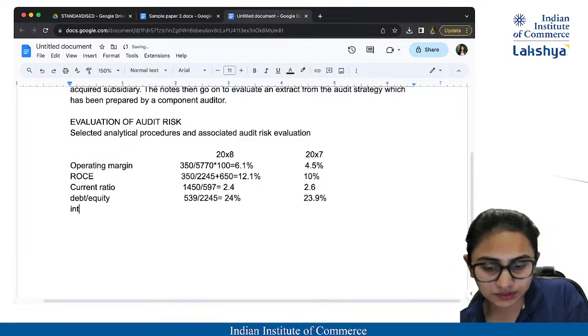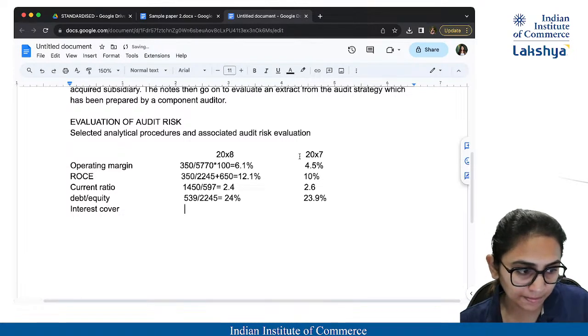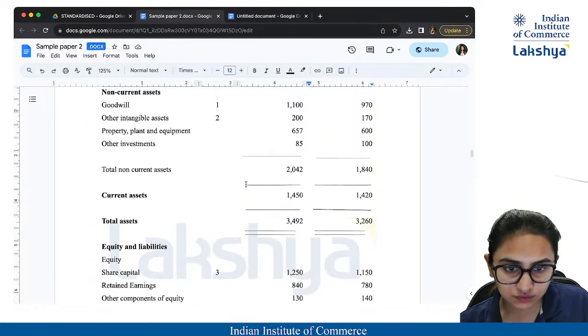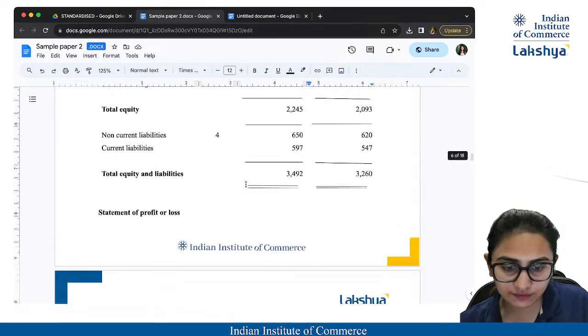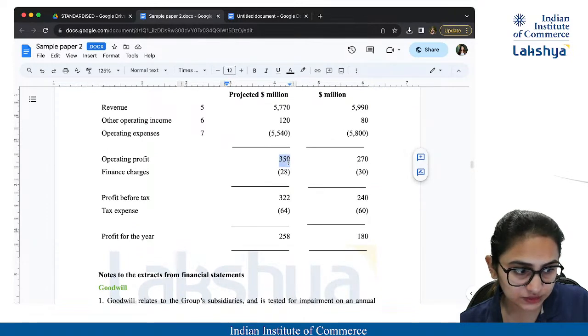Then next it's going to be interest cover, and the formula for interest cover is profit, that is operating profit, divided by interest. So what is the operating profit that we have? 350. So 350 divided by the interest, that is 28, and 270 divided by 30.